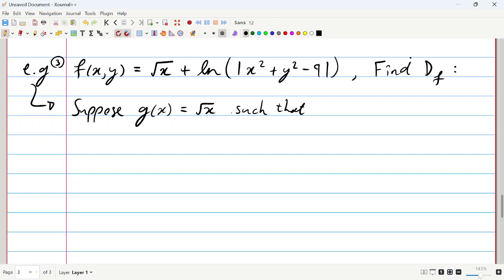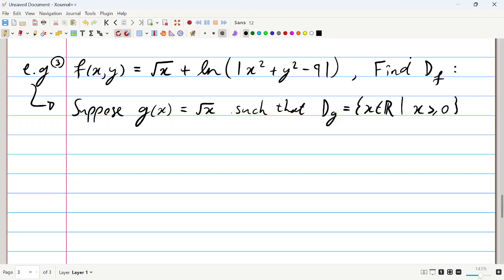Because remember, it's a function of one variable. So we'll say g of x is equal to the square root of x, such that the domain of g is where x is an element of the real numbers of the second dimension. Then x has to be greater than or equal to 0.